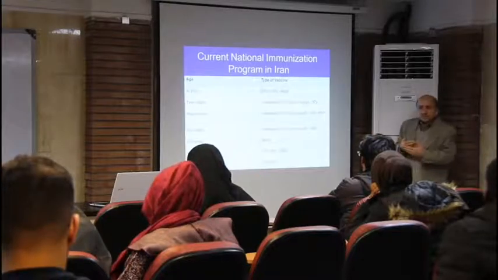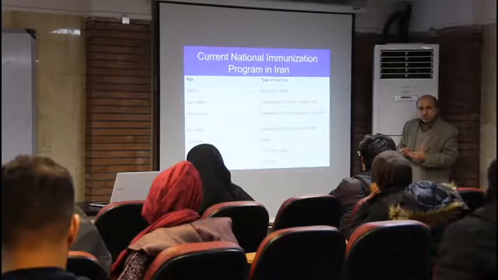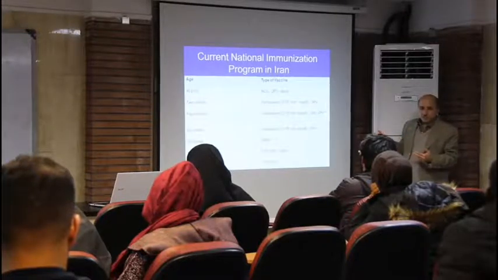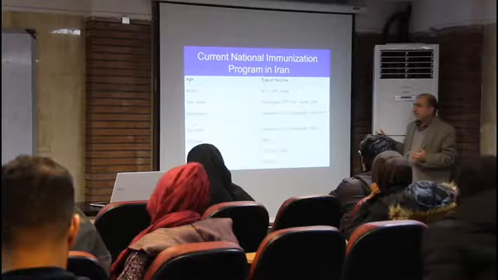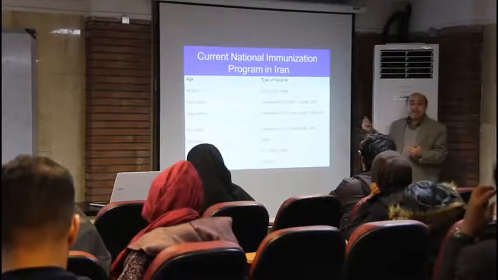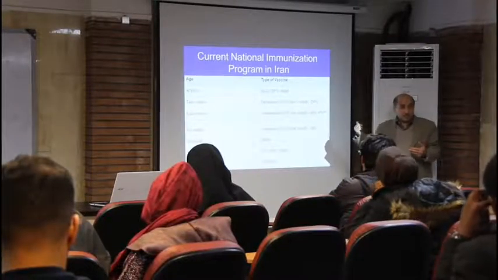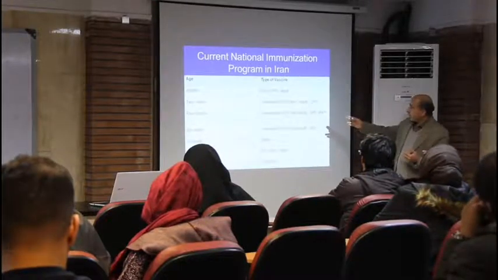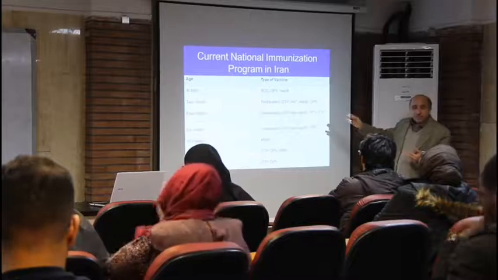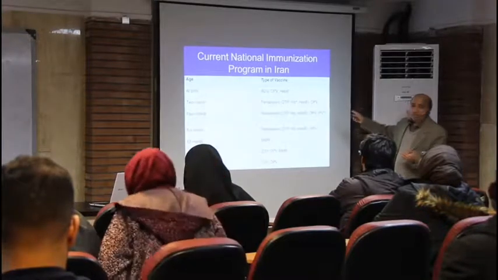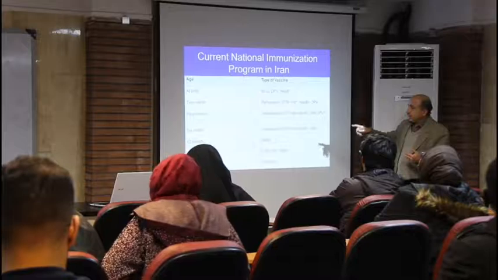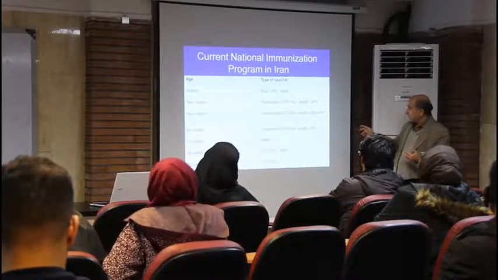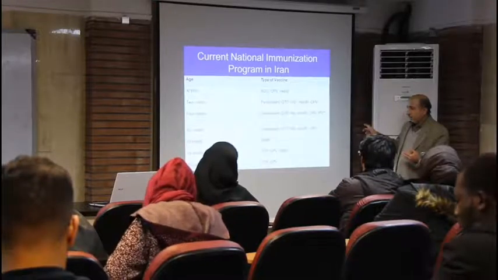And for the second time, at the age of 2 months, we have pentavalent. Pentavalent is a combination of DTP, Hib, HepB, and OPV. At 4 months, again pentavalent, OPV, IPV.